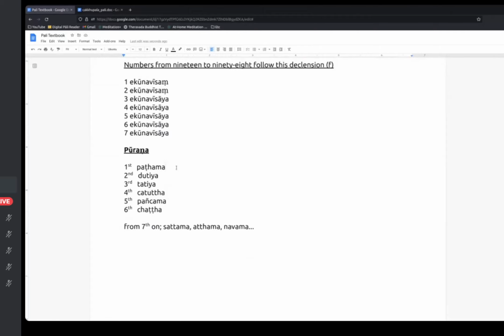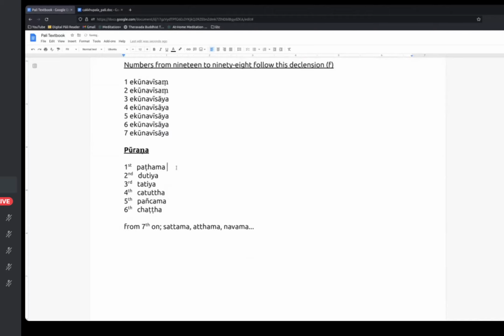So Purana, as I said, are the cardinal numbers. And so I'm going to get through this quickly, but I see I should correct something here. So these are what they are. This doesn't explain. I must have gone through these too quickly because this isn't complete. Okay, so I think I'm still going to skip it, but this isn't exact.